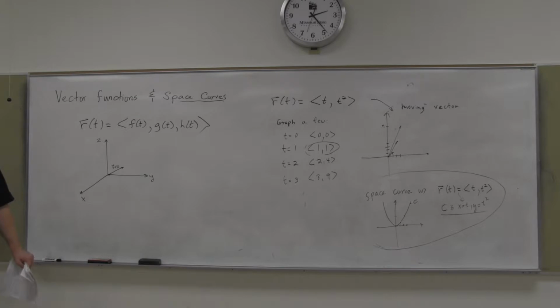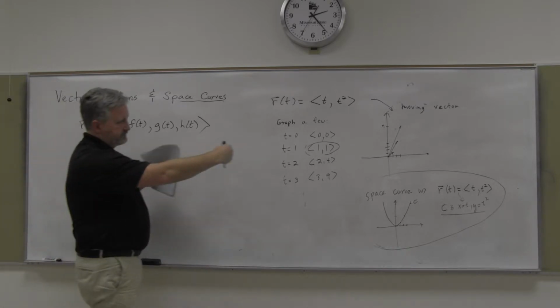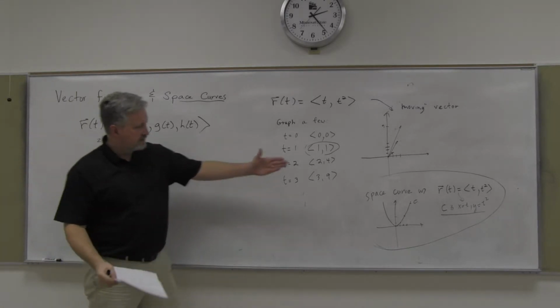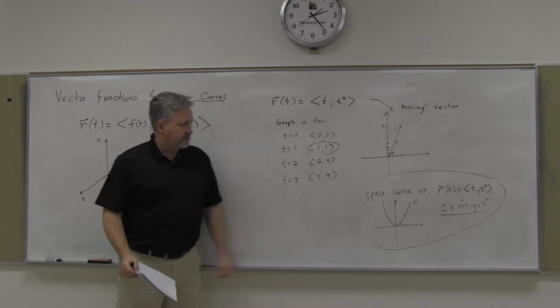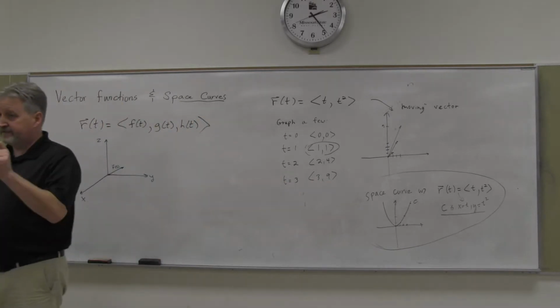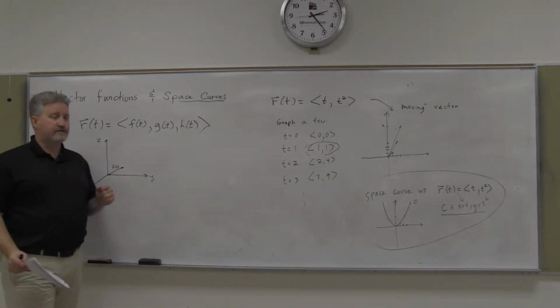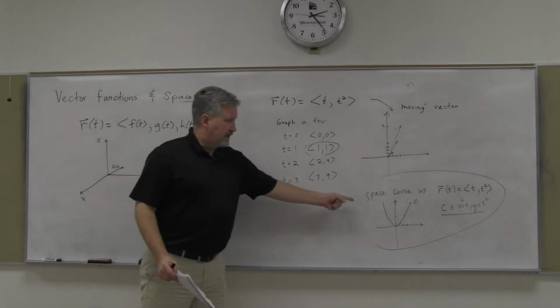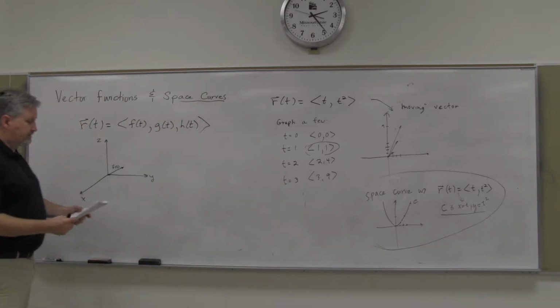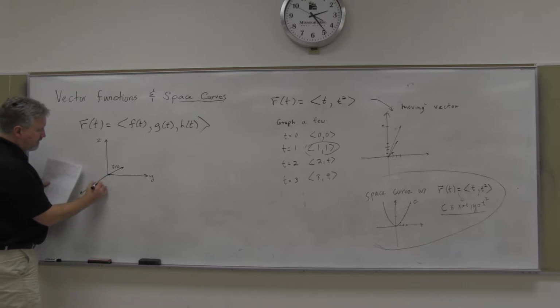If I put all those together and use the end point of those vectors to get the space curve, then let's say R0's out here.